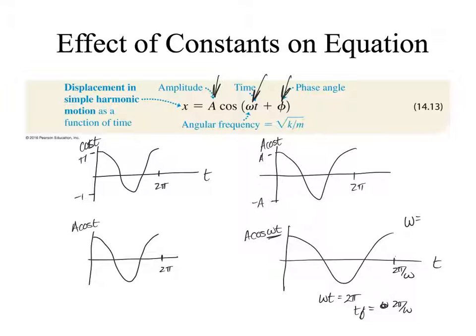And if you go back and think about the fact that omega is the square root of k over m, it should make sense, because we're trying to describe the motion, and omega is, in a sense, how quickly it goes through oscillations. It's also dependent on how stiff the spring is and how much mass we've attached to it.